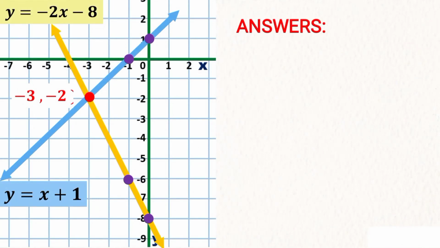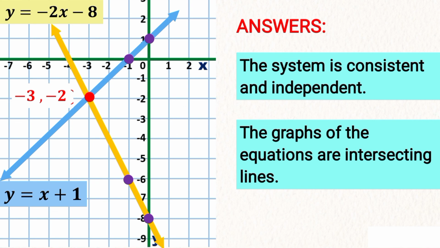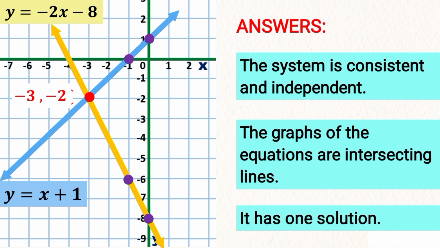So remember, the system is consistent and independent. The graphs of the equations are intersecting lines and it has one solution. And as you observe, the slopes and the y-intercepts are different from one another.